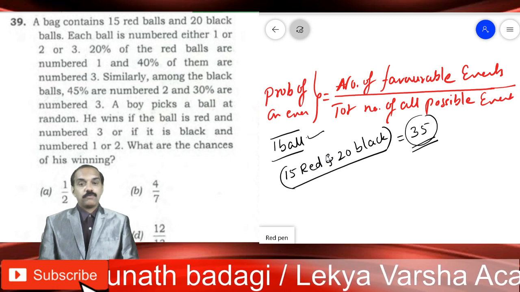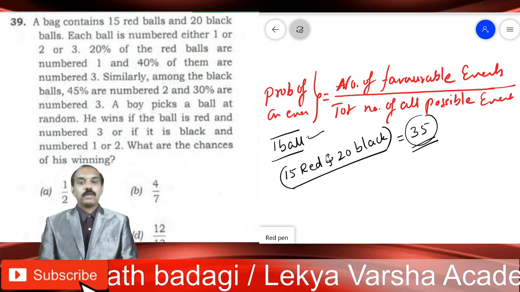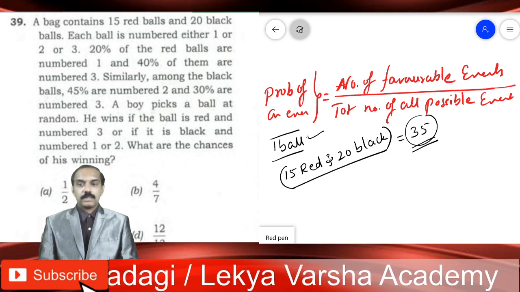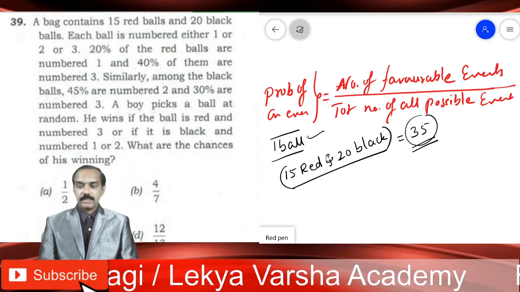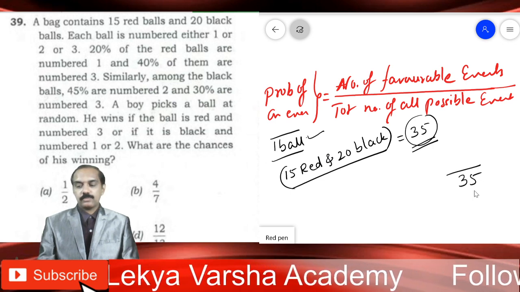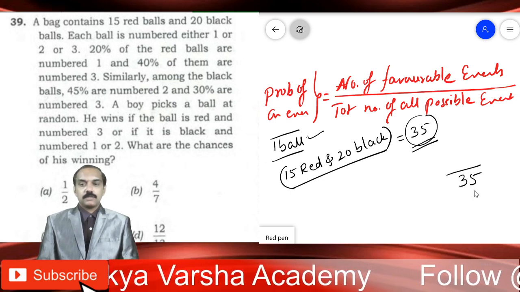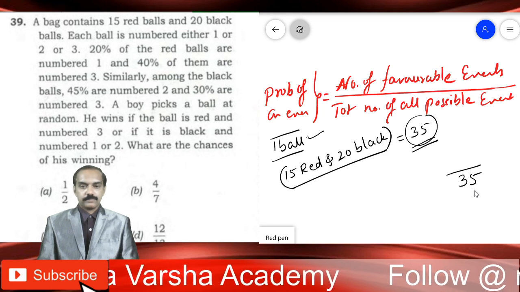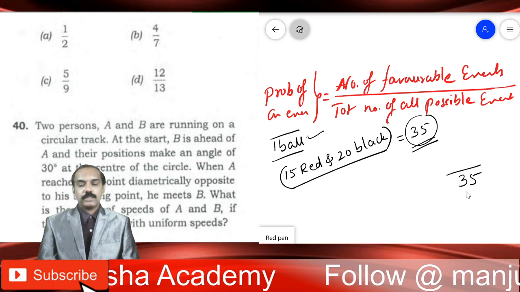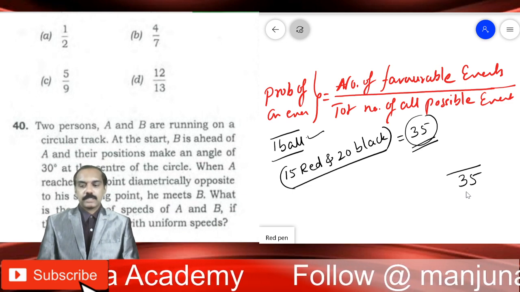So in how many different ways can he pick? In all he can pick in 35 different ways. So the total number of all possible events is 35. That should be placed first in the denominator. Okay. And if you place 35 in the denominator, check the options.